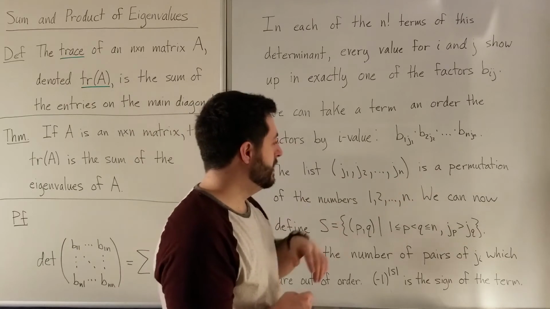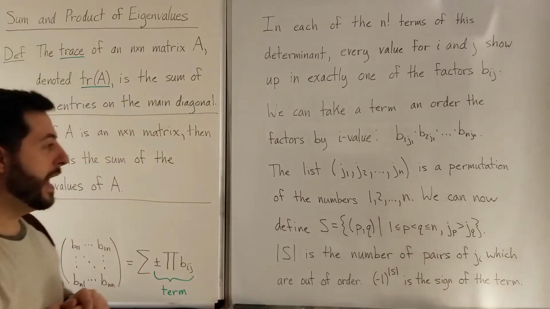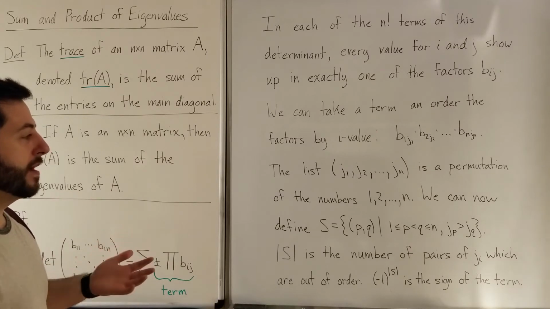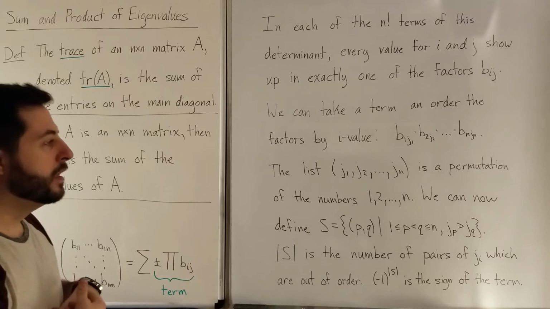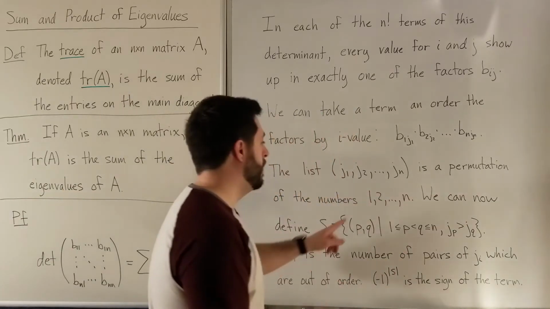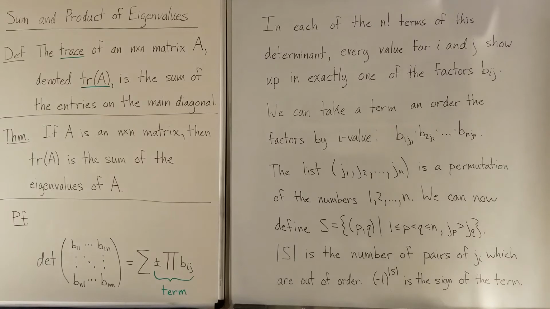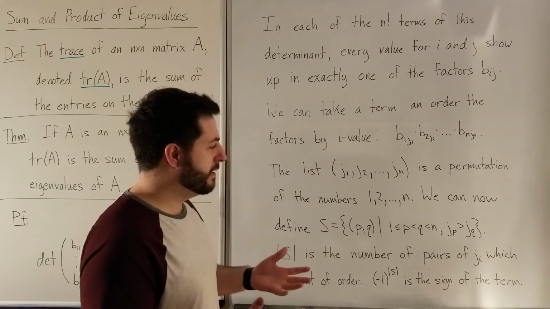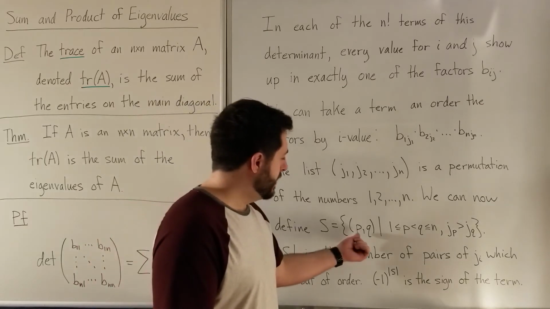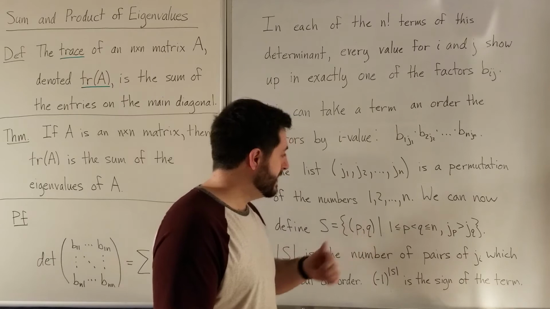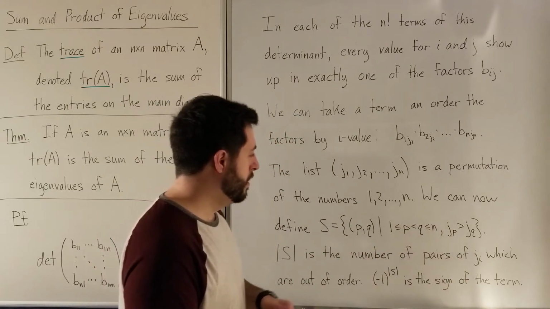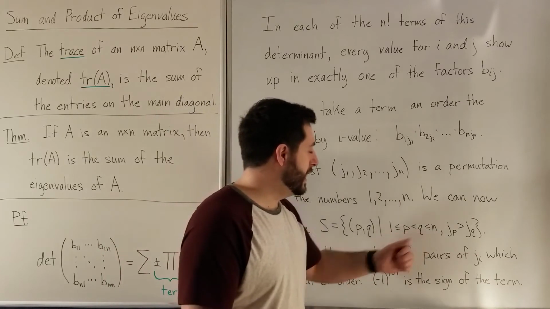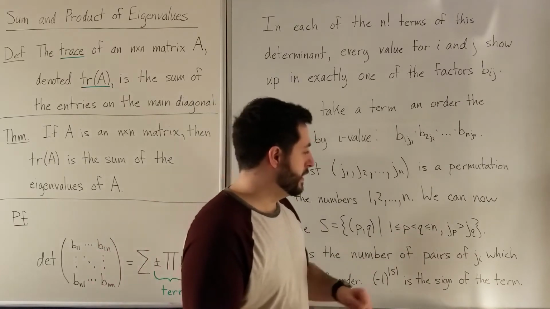Now this is a list of all n columns. We don't know what order they're in, but it's a list of the numbers 1 through n that has been rearranged. We call that a permutation of the numbers 1 through n. We're now going to define this set S, which looks a little funny, but it turns out it's a really natural thing to do. It's the set of pairs of indices p and q, numbers between 1 and n, where I specifically want p to be strictly less than q.